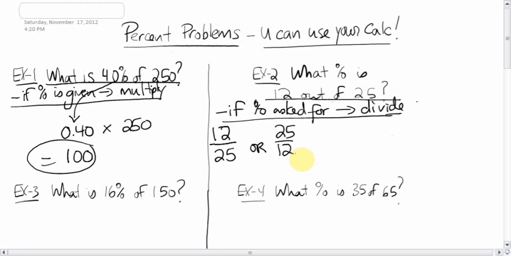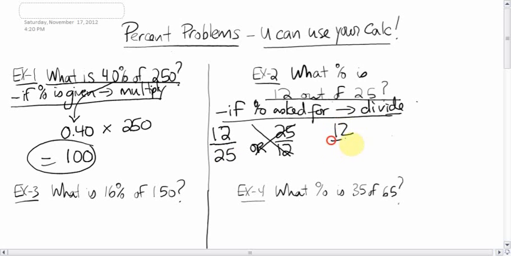The way to figure out the answer is to look at the word of. 12 out of 25. So the out of part is attached to the 25. It's out of 25. This is the correct way to show it, not that. So again, what this means is it's 12 divided by 25.